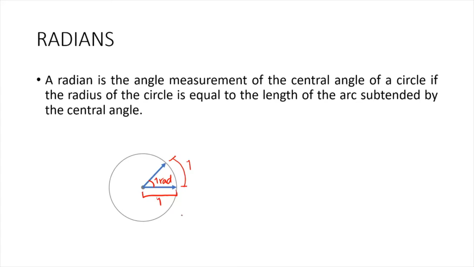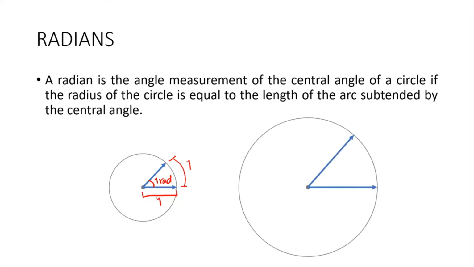All right. Similarly, for instance, if we have a bigger circle, like this one, the radius is measured to be 3 units. The central angle here is measured to be 1 radian again if the length of the subtended arc here is equal to the radius of the circle, which is in this case 3 units.